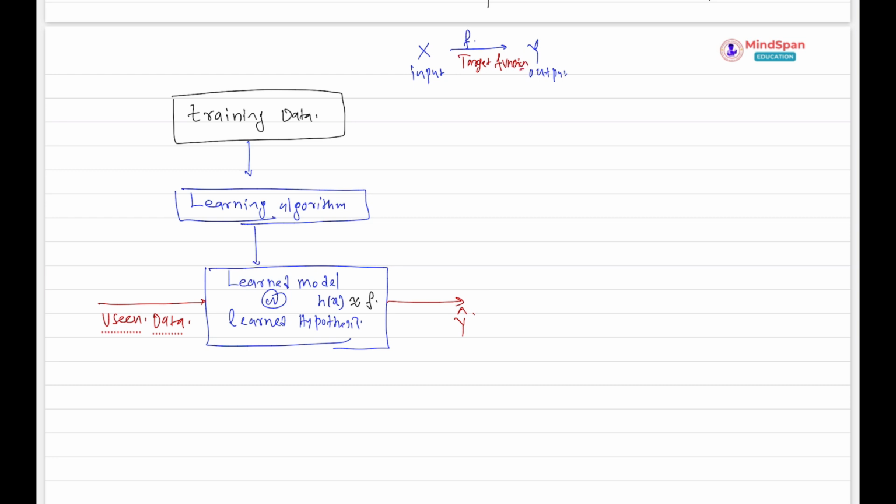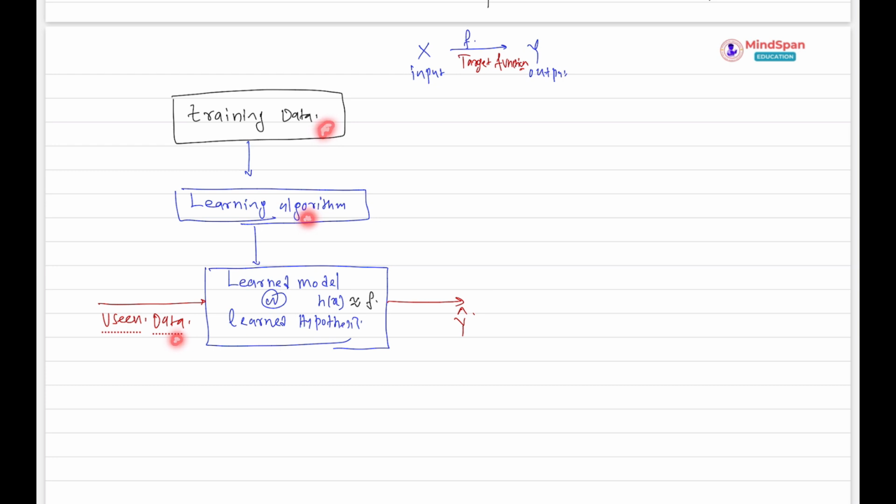Once we have this learned model, what we expect is that it will do well on unseen data. What do I mean by unseen data? Unseen data is data which has not been seen by our learning algorithm through the training data.